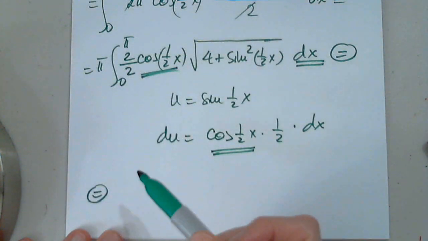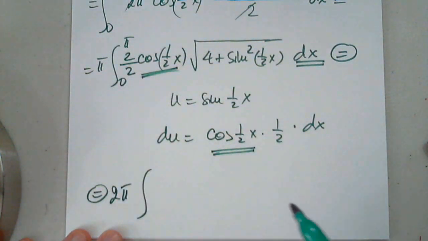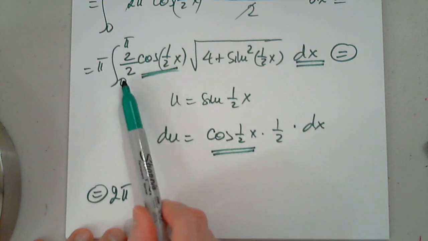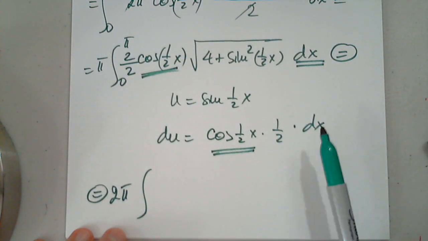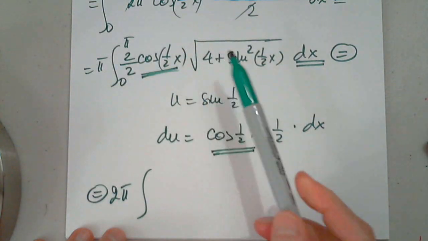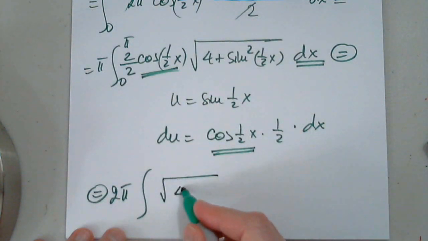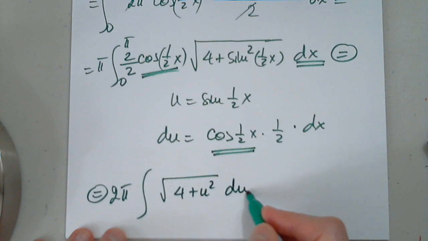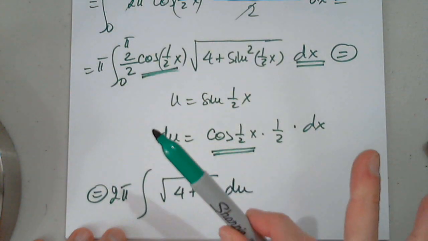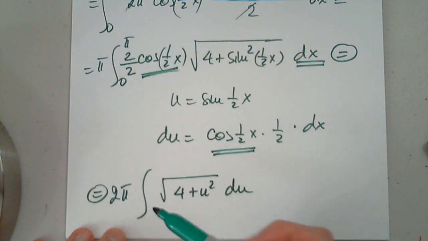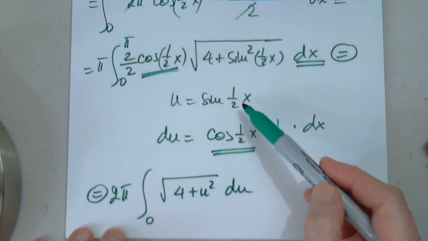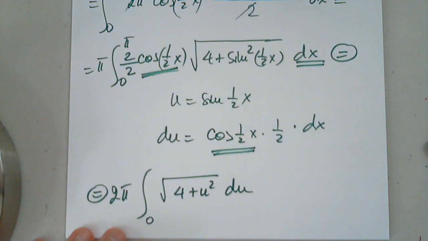So I have 2 pi, the integral from, so 1/2 with cosine and dx will be nothing else but du. And inside the square root, we have the square root of 4 plus u squared and du. Careful with the limits of integration, please. When x is 0, sine 0 is 0. When x is pi, sine pi over 2 is 1.